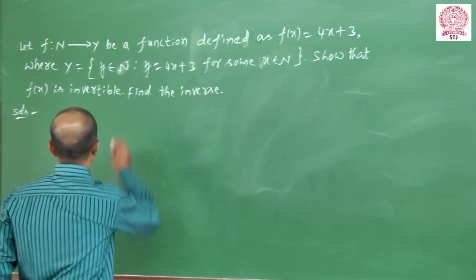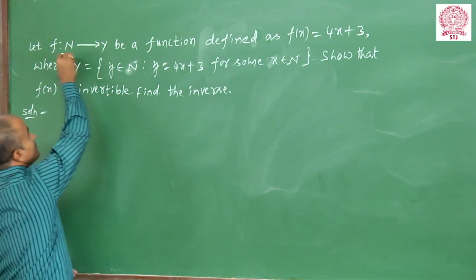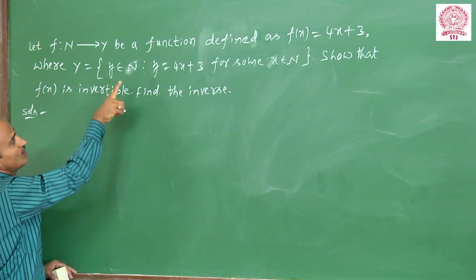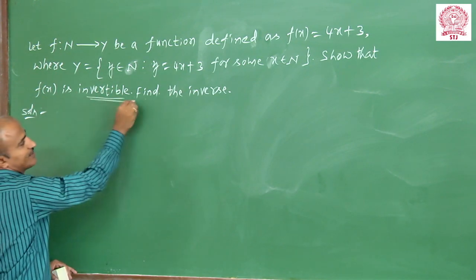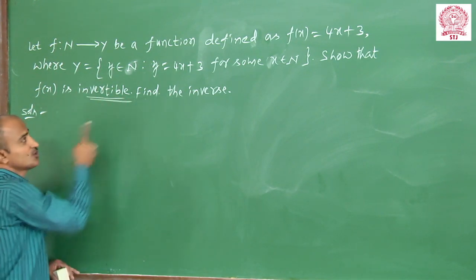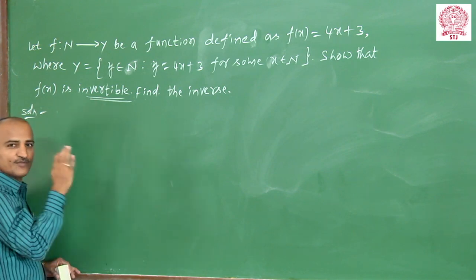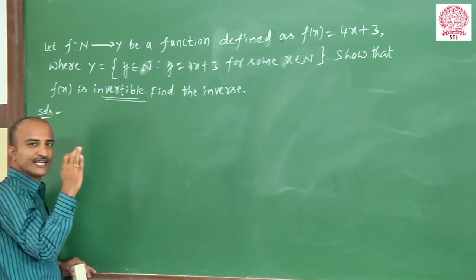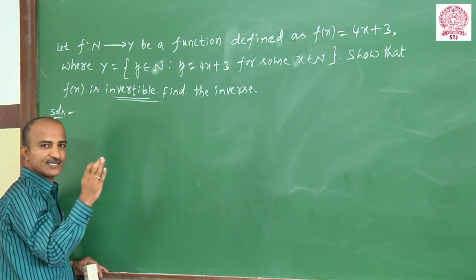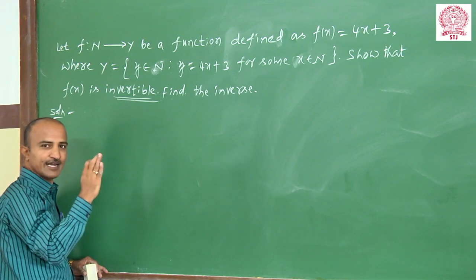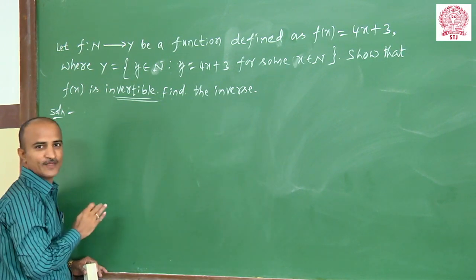Okay. So now, to find the inverse of this function, first we need to show what? The function is invertible. To show the function is invertible, if we prove that gof of x is equal to x and fog of y is equal to y, it is sufficient.